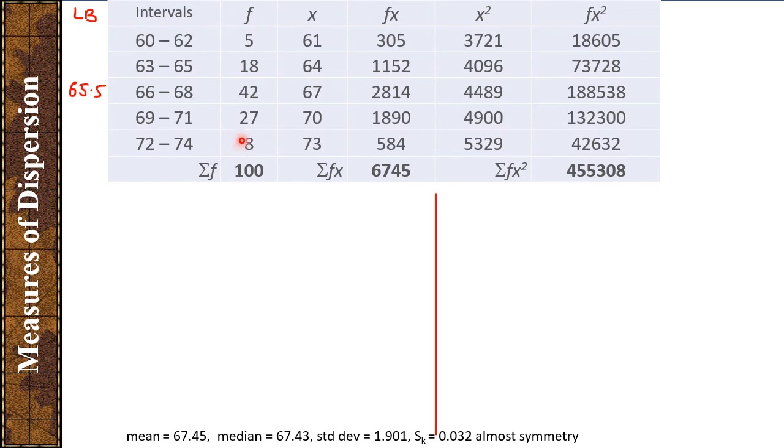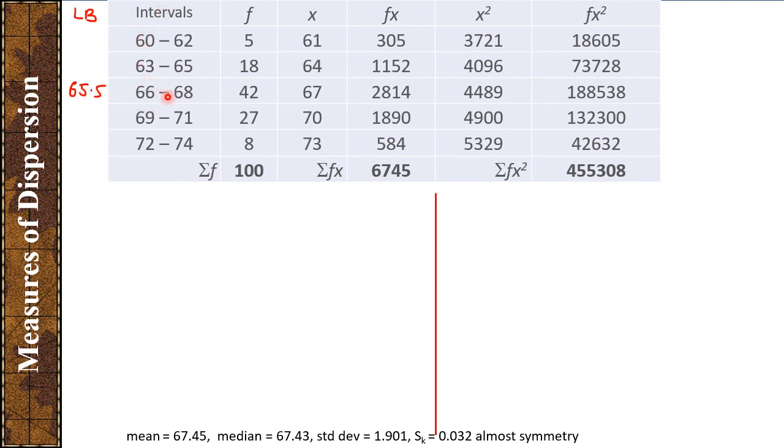So it is much easier if you use the mode. So in this case I will use the mode. Since this is the modal class, this is the lower boundary for the modal class. Because it is 65 and 66, it should be minus 0.5, so 65.5 for the lower boundary.